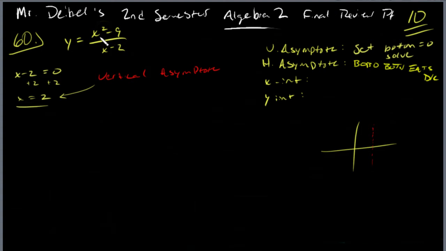The degree of a polynomial is the largest exponent of x, or your variable, in the polynomial. So you've got a 2 here as an exponent on the x. There are no other x's in the numerator, so x squared is your biggest exponent on x, so the degree of the numerator would be 2.